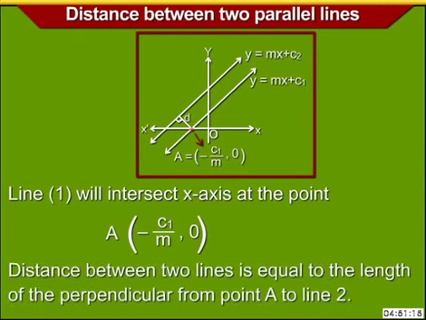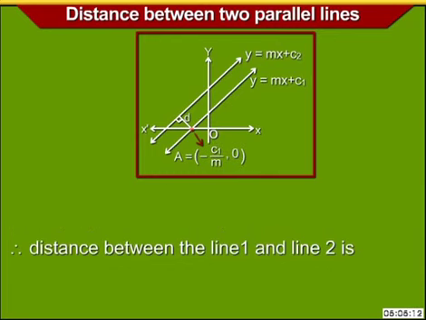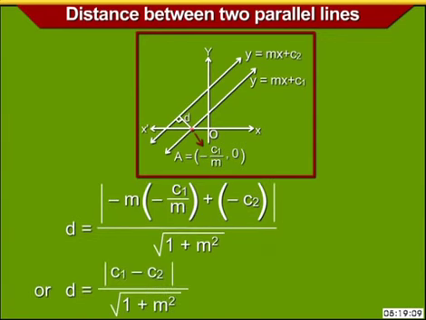Now distance between two lines is equal to the length of the perpendicular from point A to line 2. Therefore distance between line L1 and line L2 is D equal to modulus of minus m into minus c1 upon m plus minus c2 whole upon square root of 1 plus m square, or D is equal to modulus of c1 minus c2 upon square root of 1 plus m square.